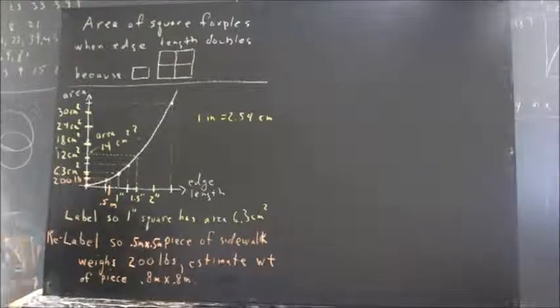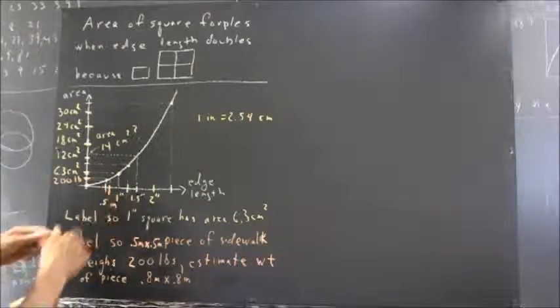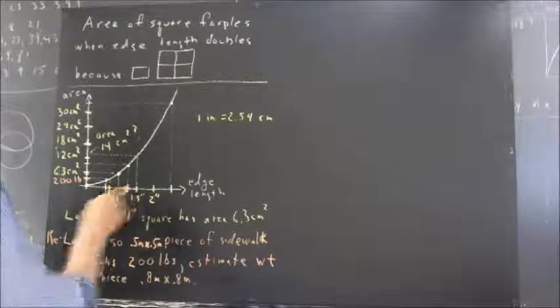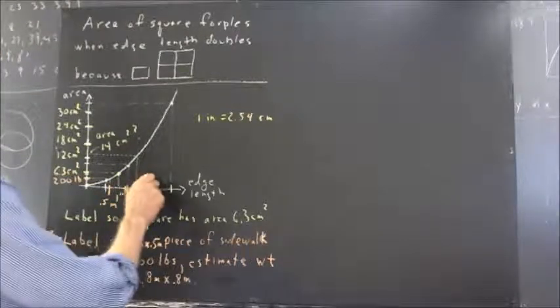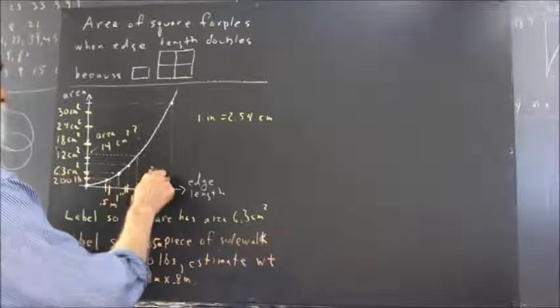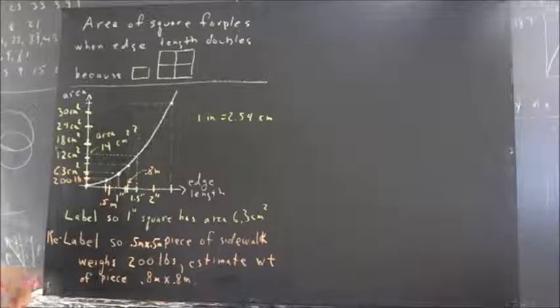Okay, now I want to go up to 0.8 meters by 0.8 meters, so I'm going to go to 0.8 meters. Now if this is 0.5, then this would be 10, and 0.8 would probably be about here. Okay, so I'm going to call that 0.8 meters. Don't have a good place to label it down here. Should have been a little more careful.